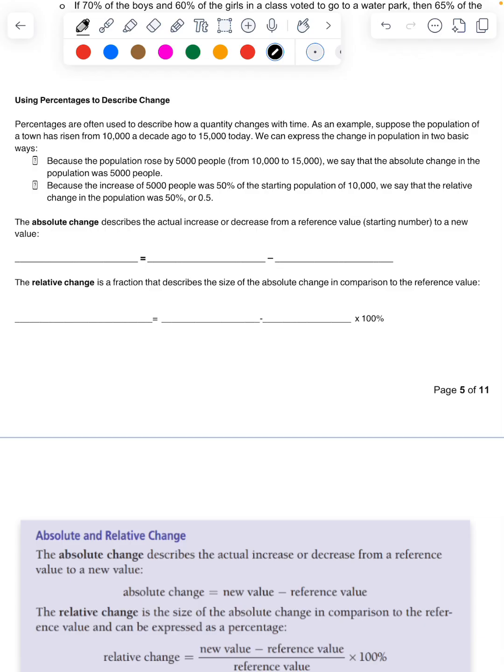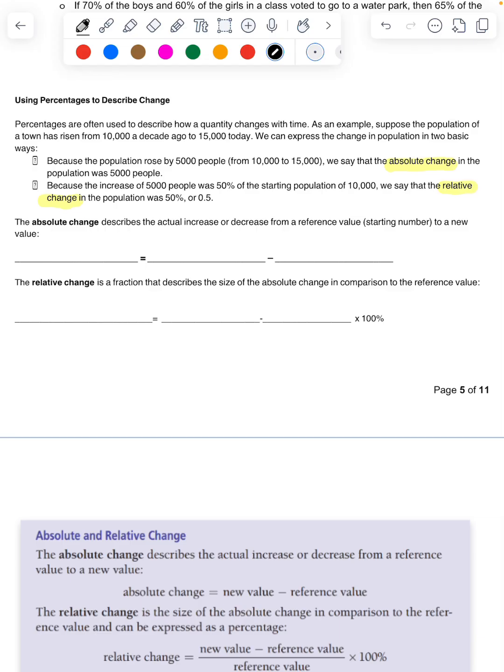That would be the absolute change. Or the increase of 5,000 people was 50% of the starting population, so that we're saying the relative change is 50%. Relative change is going to be much more useful when you're comparing two different things.